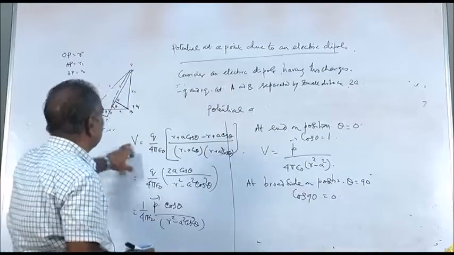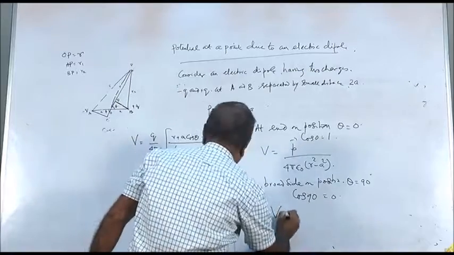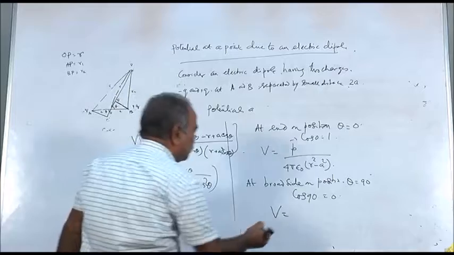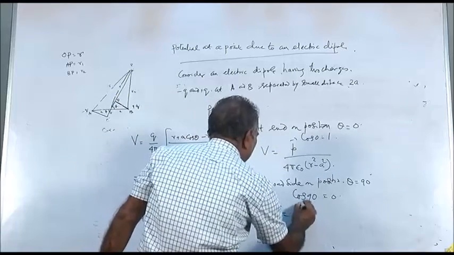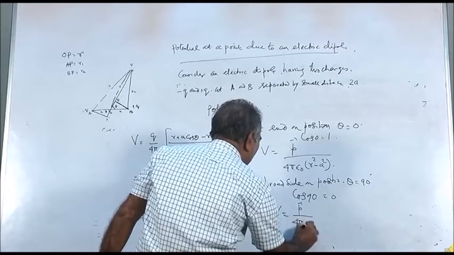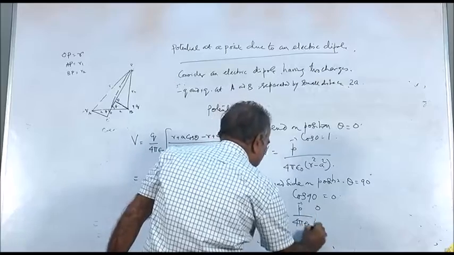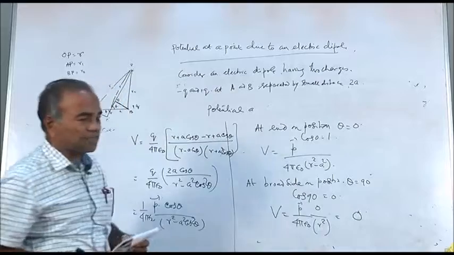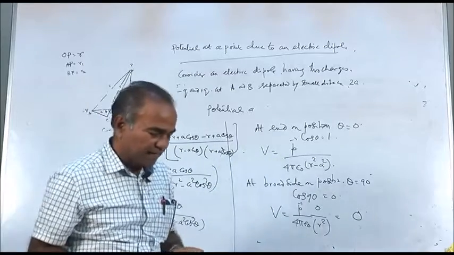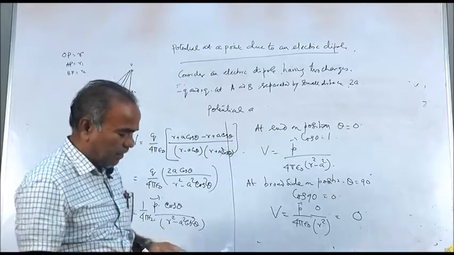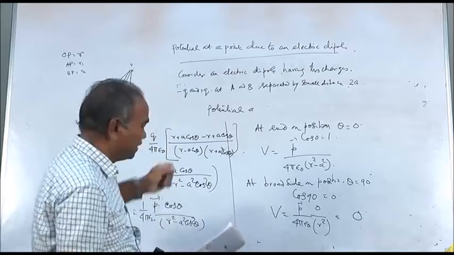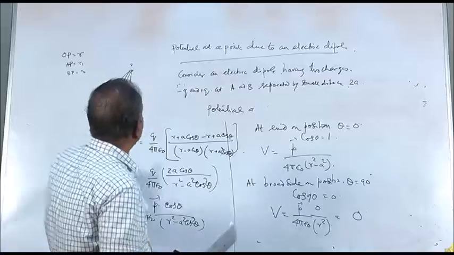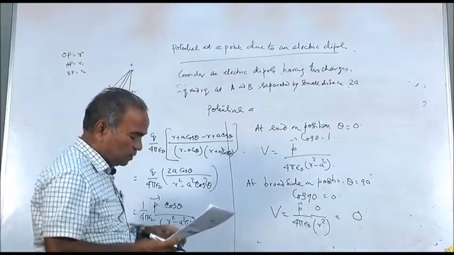So that means the potential becomes P into cos 90, which is 0, divided by 4 pi epsilon 0 into r square. So that is equal to 0. So that means on the broadside on position, the potential at a point is equal to 0. There is no value of potential due to the dipole in the broadside on position.